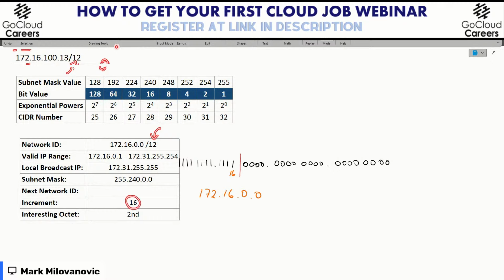I have an increment of 16, that means I'm incrementing in this octet, the second one. So what would be my next network based on simple math? I know we can't change this. This is not changing. And we're incrementing at 16. So what is 16 plus 16?